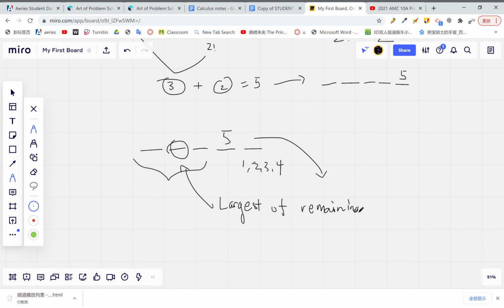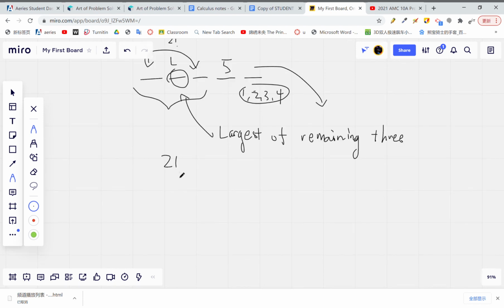Because if you have the smallest, then this must be in increasing order, and if you have the second smallest, then this will be decreasing or increasing. So this can only be the largest one. And if this is the largest one, then these two are interchangeable, which results in 2 factorial. We know that there are 4 of them, so 2 factorial times 4 is 8 ways.